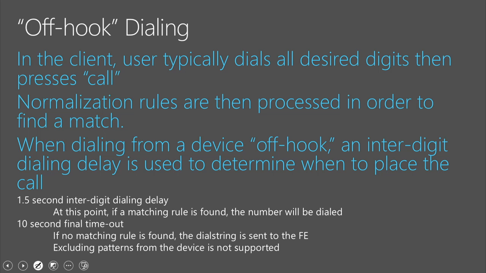So it's all based on an interdigit dialing delay. And what's happening is on that phone when you're dialing it, every time you press a button, it's seeing if what you have dialed so far matches a rule. Have I dialed 4 digits? That matches a rule for an extension. It's because I'm doing extension dialing. And if it does, if you've paused for 1.5 seconds, I'm going to start the call.